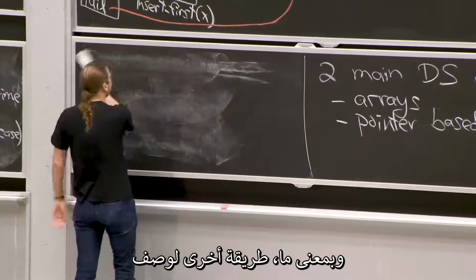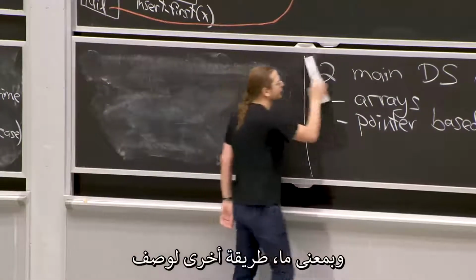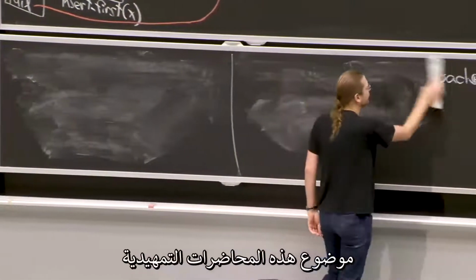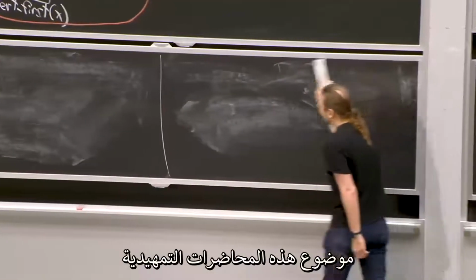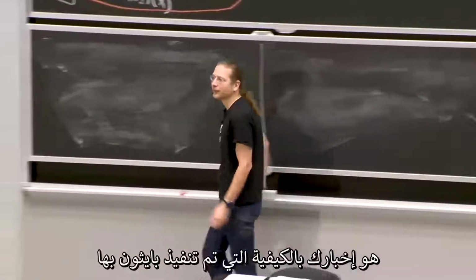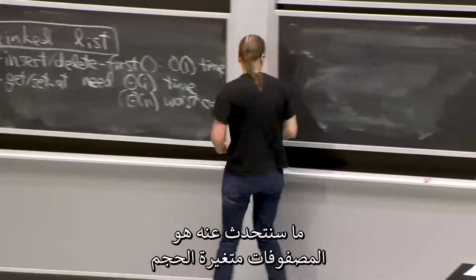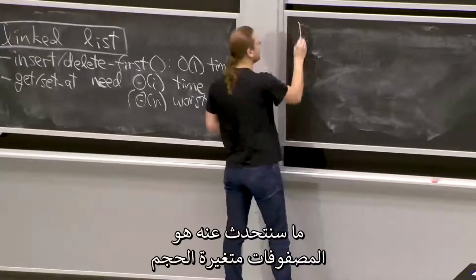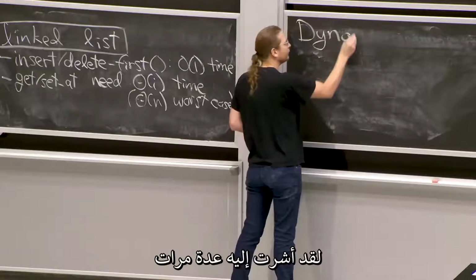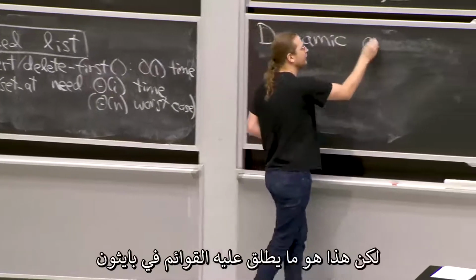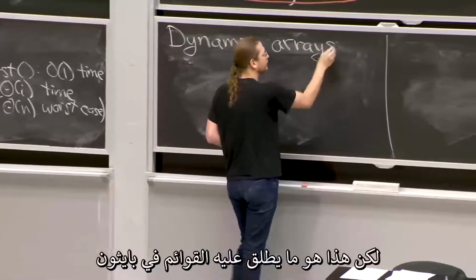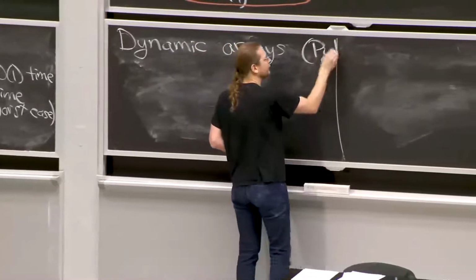In some sense, another way to describe what these introductory lectures are about is telling you about how Python is implemented. So what we're going to talk about next, dynamic arrays, I've alluded to many times, but these are what Python calls lists.